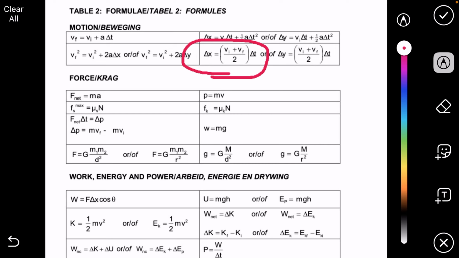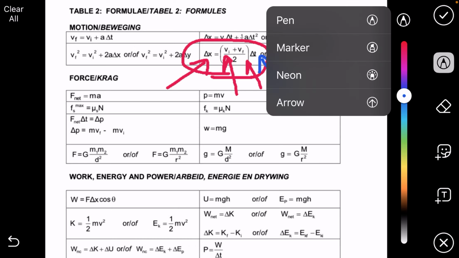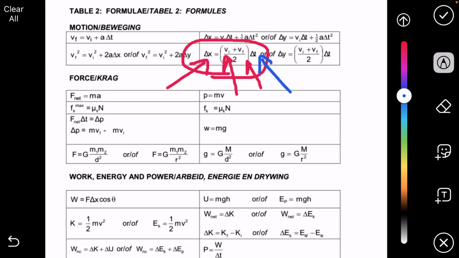Why specifically this one? Because I knew delta x, I knew v initial, and I knew v final. The only thing I wanted to calculate was the time. It is massively important that you fully understand how these formulas work.